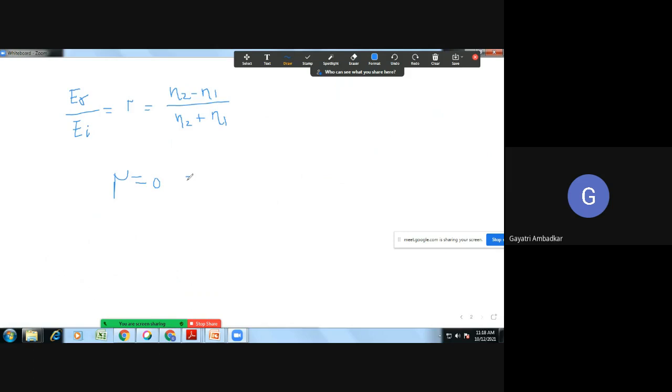This indicates that Er by Ei equals 0. What does it mean? And tau is equal to 1. It means Er by Ei equals 1. That means Er is equal to Ei. What does it mean? Now you will tell me its meaning in next lecture. Okay.